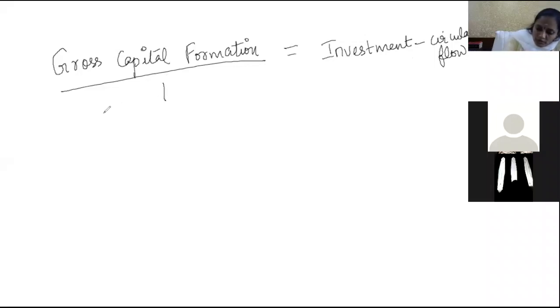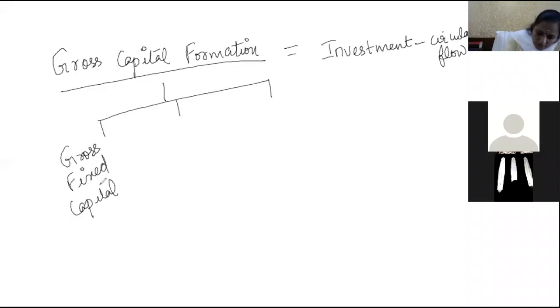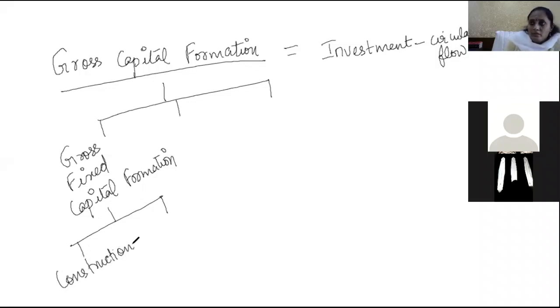This is going to have three components. One is gross fixed capital formation. What is there in gross fixed capital formation? One is construction of newer buildings, newer storage places, newer processing places, all those things.